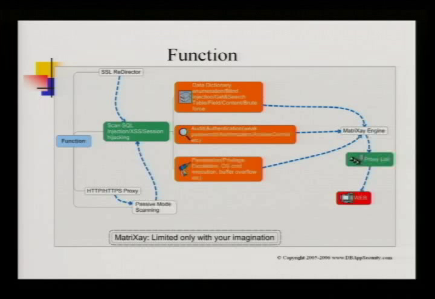configure your browser to point to the port which Matrix will listen on. Matrix will monitor the sessions and traffic automatically, and then detect if the URL you are browsing is vulnerable. Sorry, it reminds me of more demos. So it will automatically detect if the web URL is vulnerable.